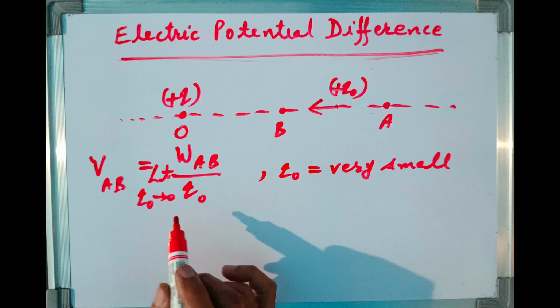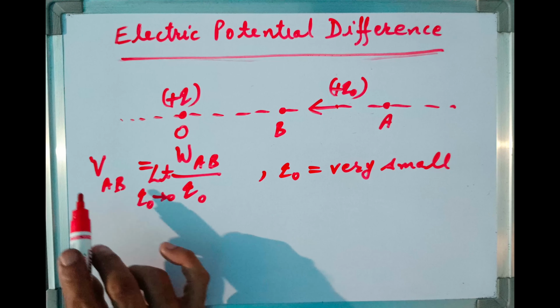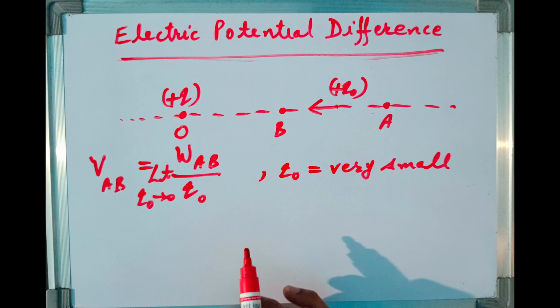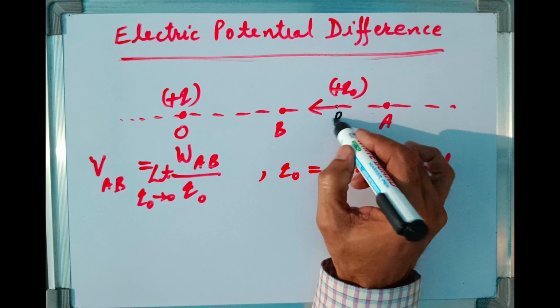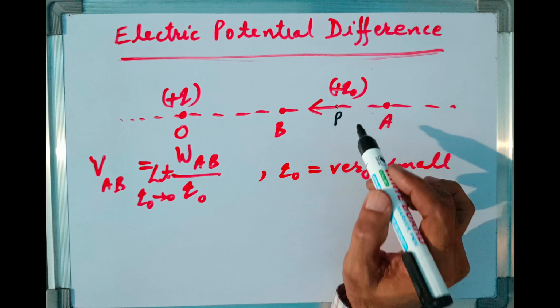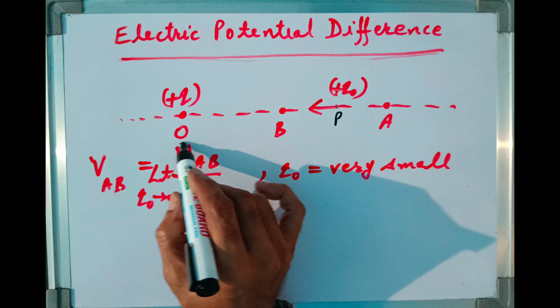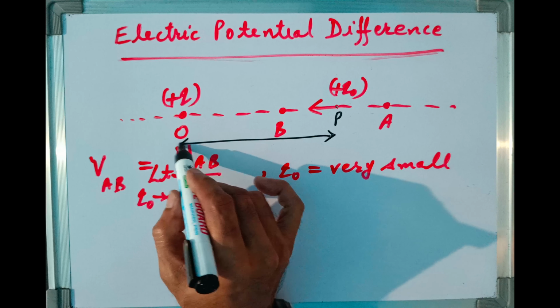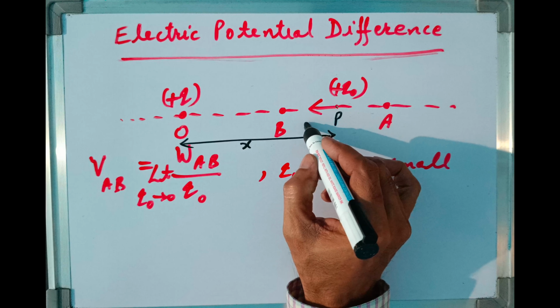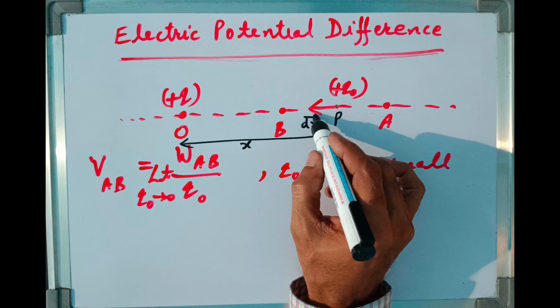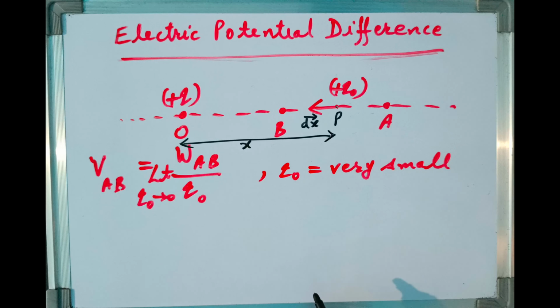By using this definition, we shall derive expression for potential difference between points A and B. For this purpose, let us consider a point on the path from A to B at distance, suppose x, from the source charge. Suppose this small displacement is denoted by dx vector.